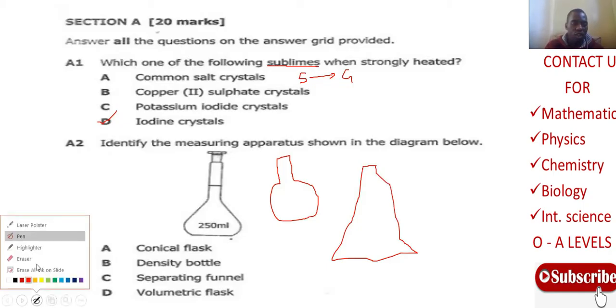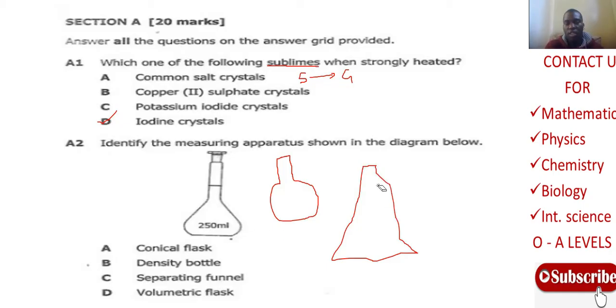So let me just draw it a little bit nicer so that we are not guessing. Okay, so this one will have a shape, it's flat, like its name suggests. So it will look something like this. So these are the 3 types of the volumetric flasks that we have. This one is called a conical flask, this one is called a round bottomed flask, and this one is called a flat bottomed flask.